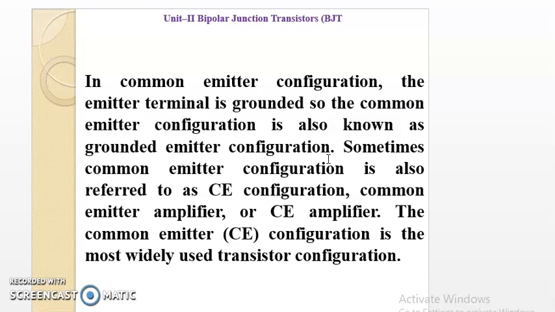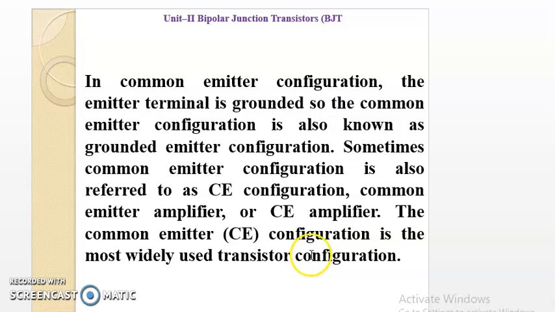There is no need to bother about the difference between common emitter and grounded emitter configuration. Sometimes common emitter configuration is also referred to as CE configuration, in short form, or common emitter amplifier or CE amplifier.